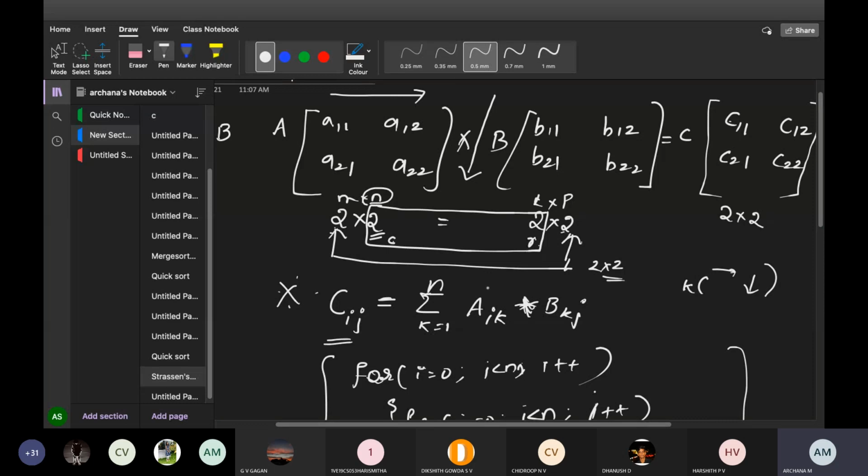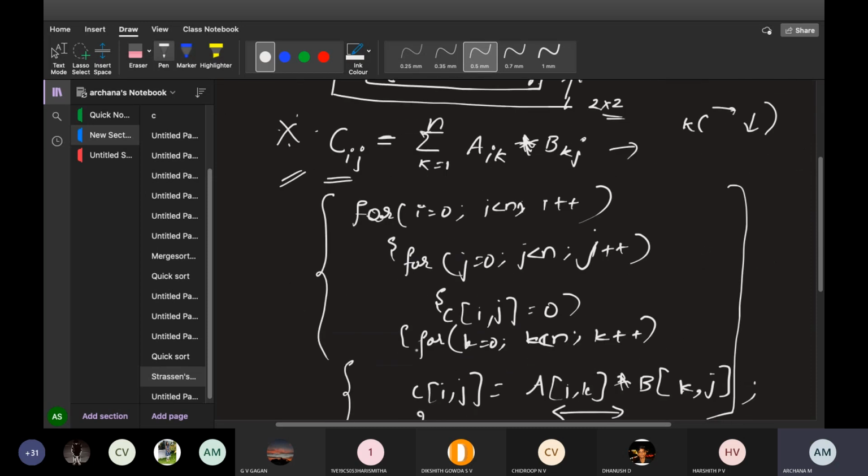But when I take a very big matrix, that is 8 cross 8, 10 cross 8, or powers of 2, then this matrix multiplication will be very difficult to write. These formulas will be a little bit difficult to write for a very big matrix.